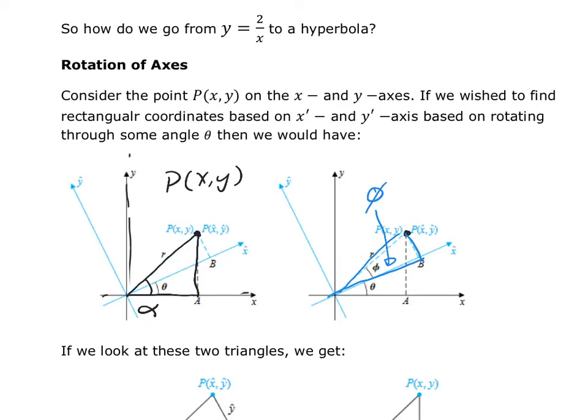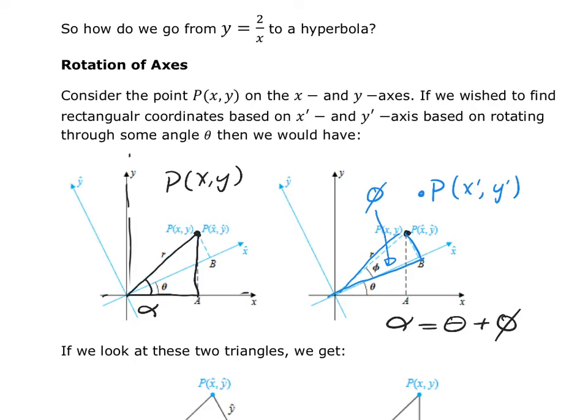What I do know, though, is that alpha is going to be my angle of rotation, which is theta, plus phi. When I have rotated my axes, I call this point still point P, but you may see it as P x prime y prime. And that's referencing off of the rotated axes, but it's in the same place.